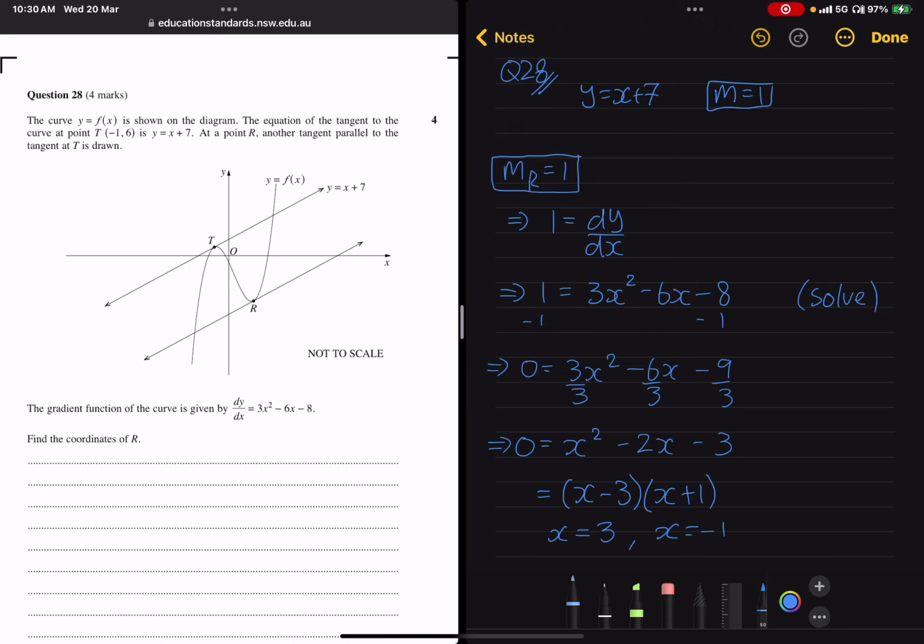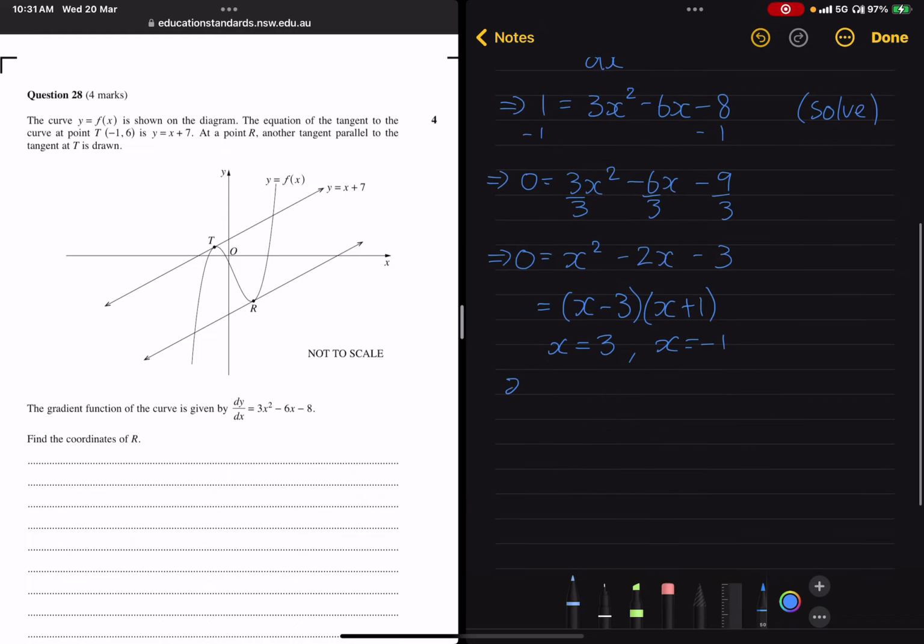So now what we need to do is find the y coordinate of R. So we've got the x coordinate of R: x equals 3. And now we need the y coordinate.